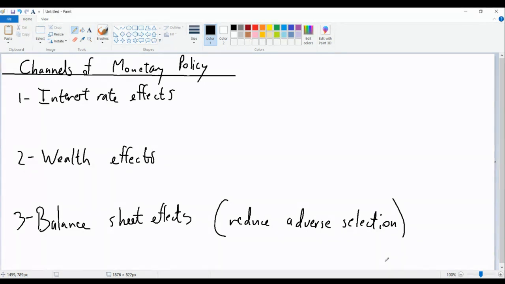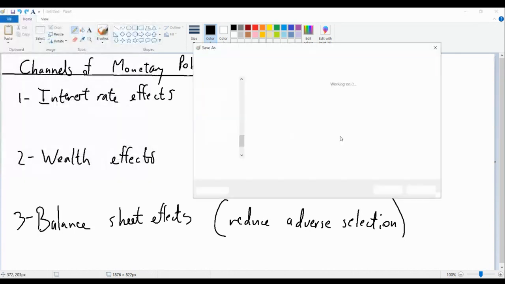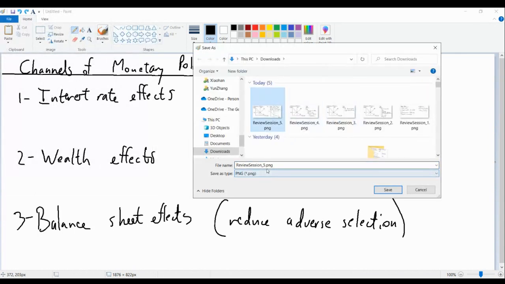And so this is my balance sheet as a household or as a person, right? So it isn't just firms that have balance sheet effects, it's also households where adverse selection may be a concern. Okay? Good question.